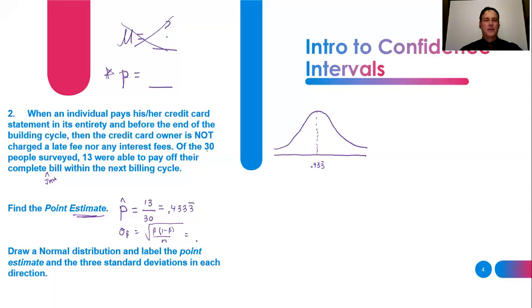So what you'll have to do is use your calculator to come up with the value for 13 over 30 times 1 minus 13 over 30, divided by 30, and then take the square root. You can put that in your calculator and see what you get. I'll just let you know when I did this math, I got 0.0904.